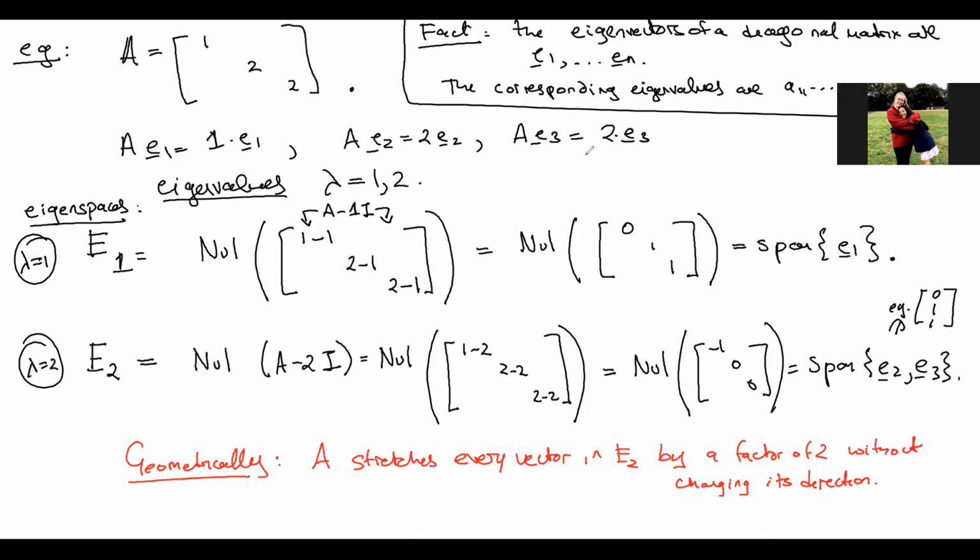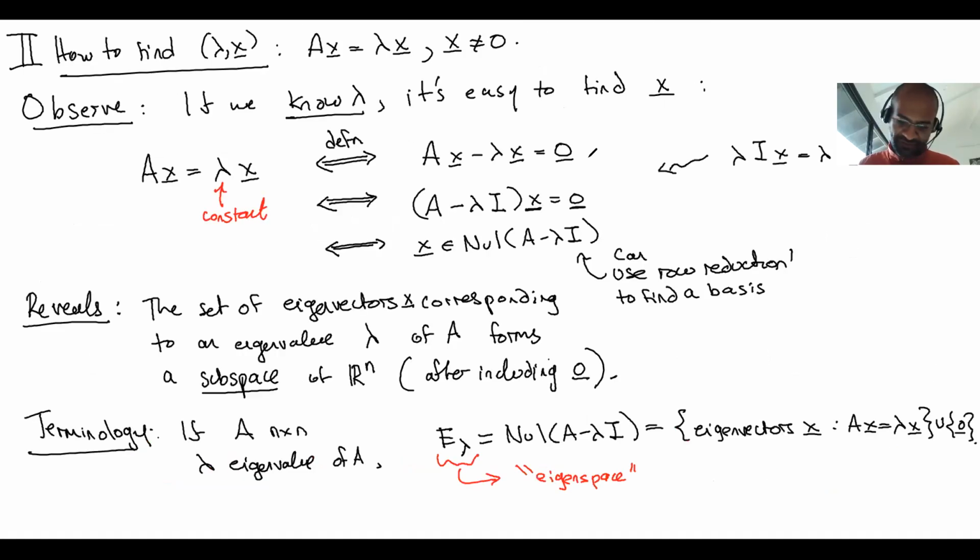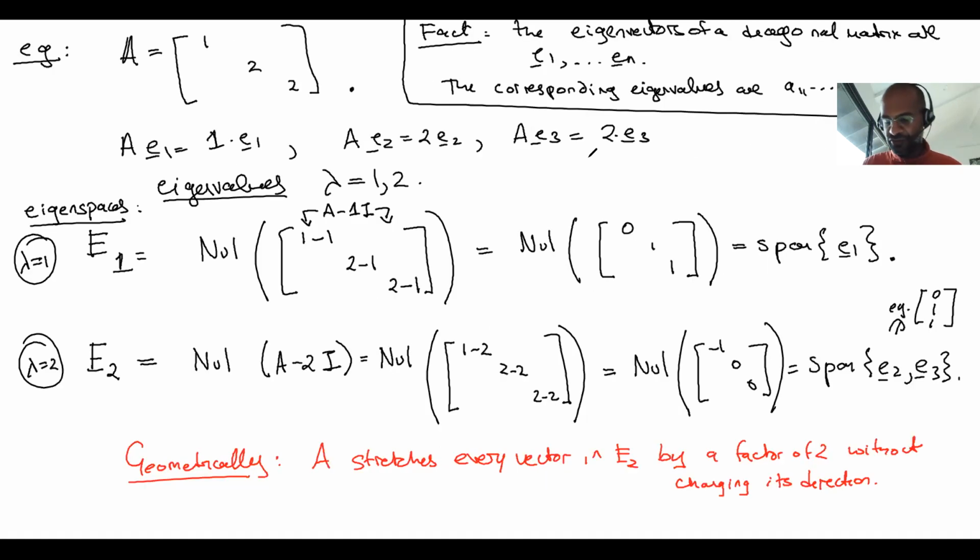I had a question. Is it possible for A not to have an eigenvector? Great question. We'll get to that in a moment. Right now, I'm still doing an example. I've told you how to find eigenvectors given the eigenvalues. I haven't told you how to find the eigenvalues.